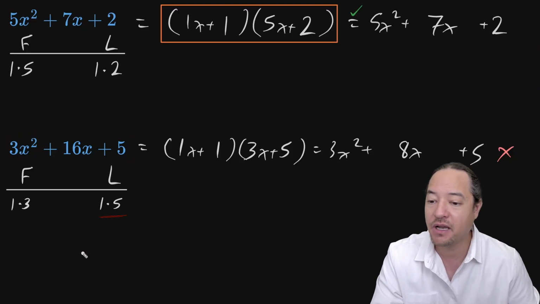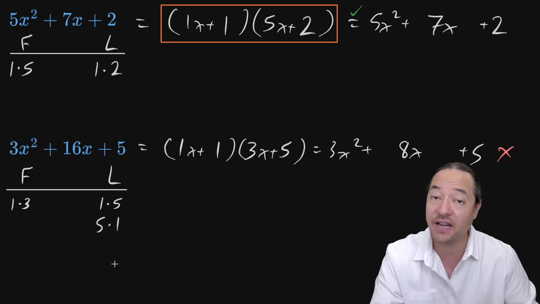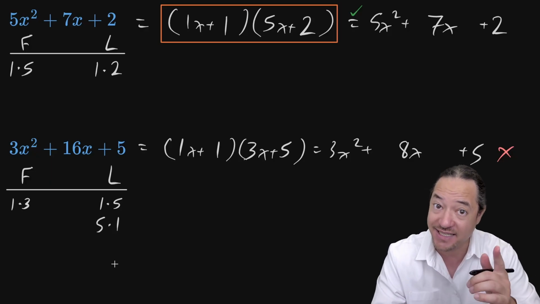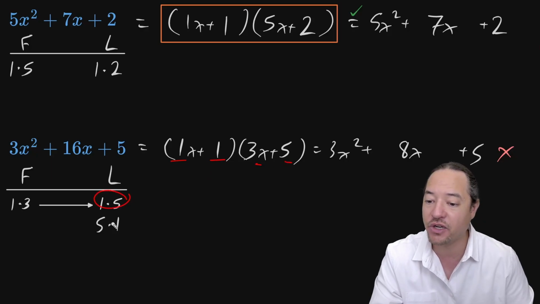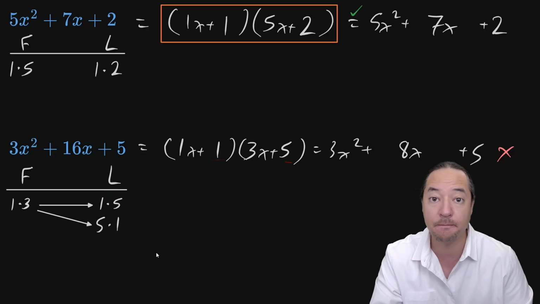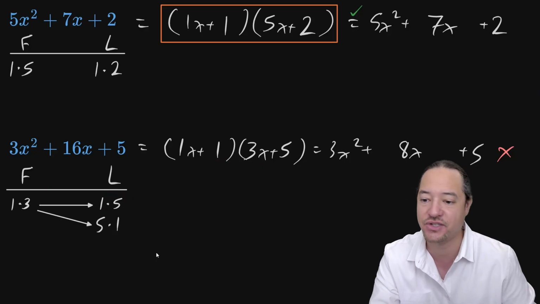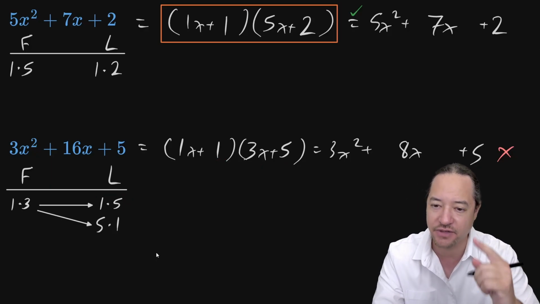But 1 times 5 can also be flipped around, and you can think of this as 5 times 1. 5 times 1 is also 5, isn't it? So what we can do is imagine we have a combination of these two as our first coefficients here, and these two as our last. But we could also flip that around on the last, so you could get another combination essentially, that could maybe give us a different answer.